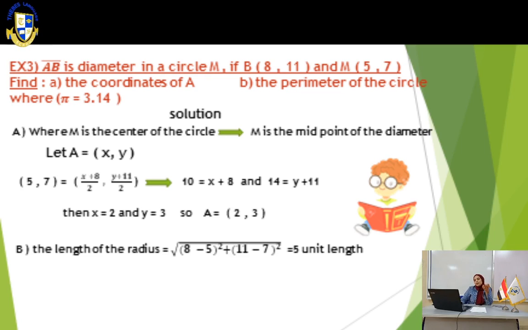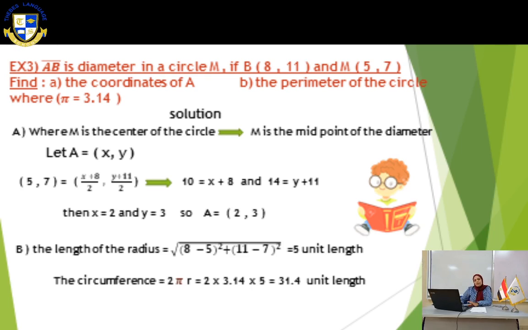It's better to use the points given in the exercise. 8 minus 5 to the power 2 and 11 minus 7 to the power 2, it will be 5 unit lengths. The circumference, we studied before the rule of the circumference: 2 times pi times the radius. 2 times 3.14 times the radius, which we calculated before as 5, to be 31.4 unit lengths.